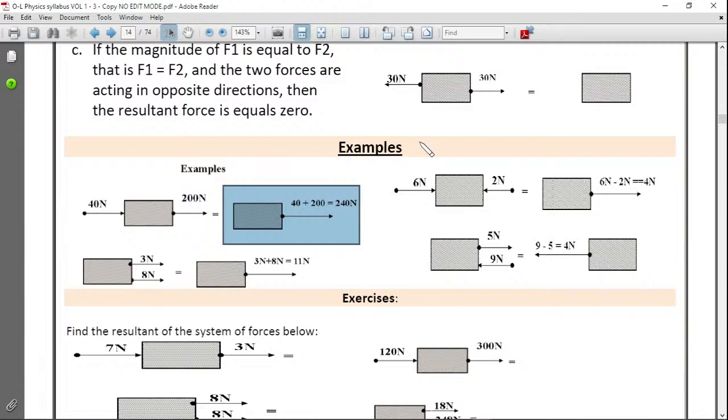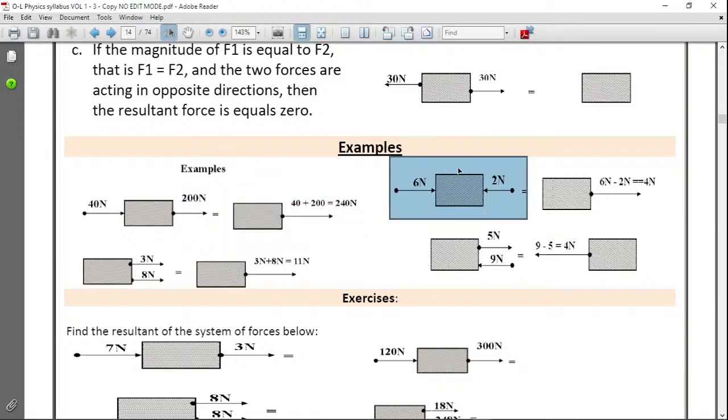In this second case, you equally have the two forces acting, but they are acting in opposite directions. The resultant should be in the direction of the force that is greater. So it should be to the right, because this 6 newtons is acting towards the right. So the resultant force will be 4 newtons to the right.